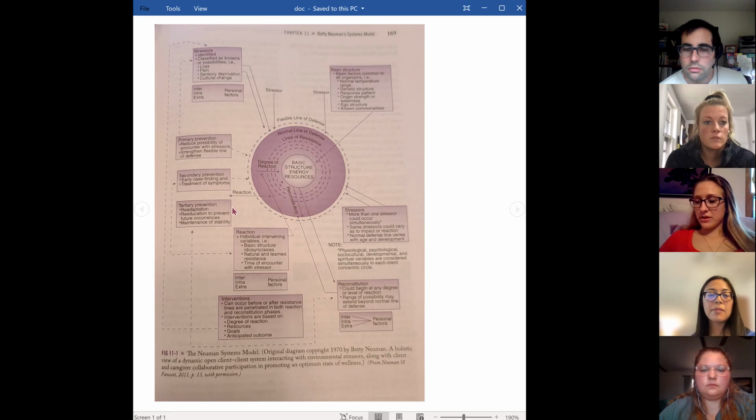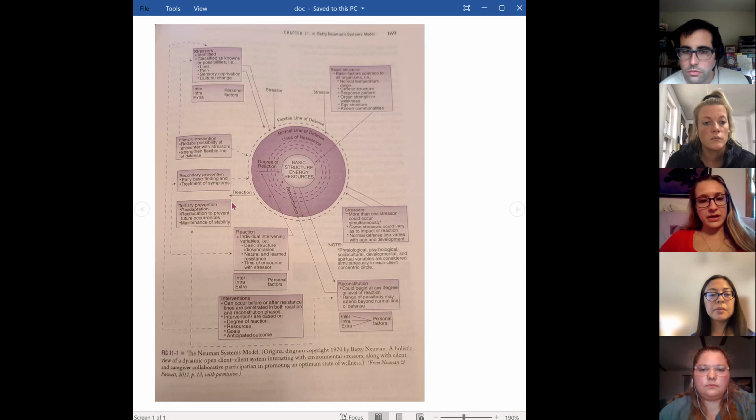So tertiary prevention is wellness maintenance achieved by means of existing strengths, which almost constitutes a continuation of some of the primary and secondary prevention interventions.